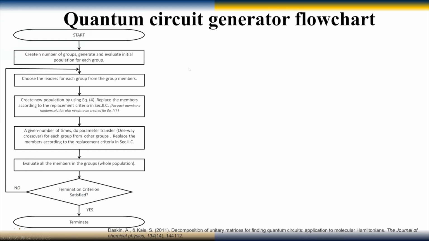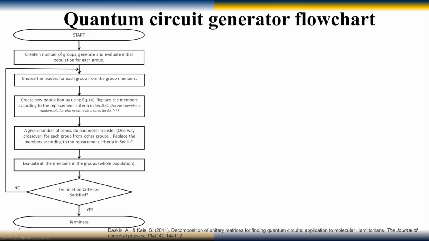Next, let me show you the flow chart of our quantum circuit generator. After we start, we will generate a lot of randomly generated quantum circuits as our candidates. Then we'll create n groups, and generate and evaluate the initial population for each group. Then the GLOA will evaluate the cost function of each member and choose a group leader for each group.